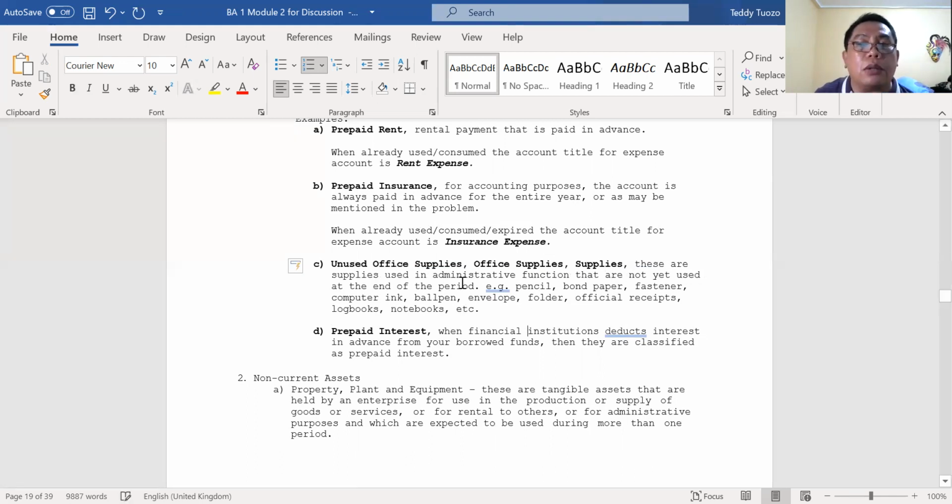Okay, so these are the accounts that may be used in the accounting recording process.